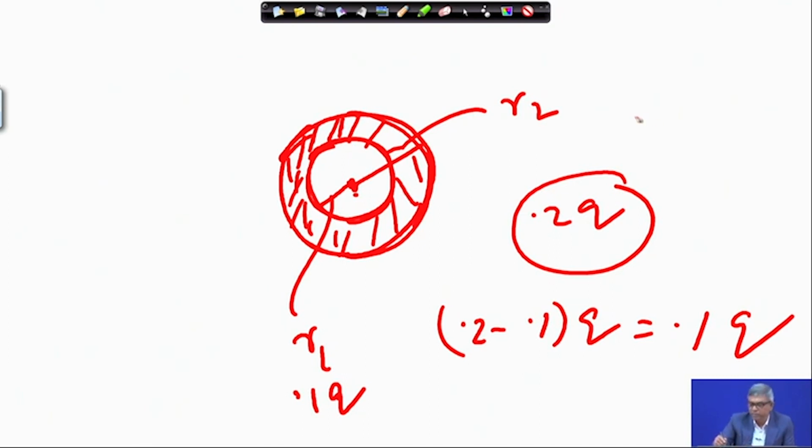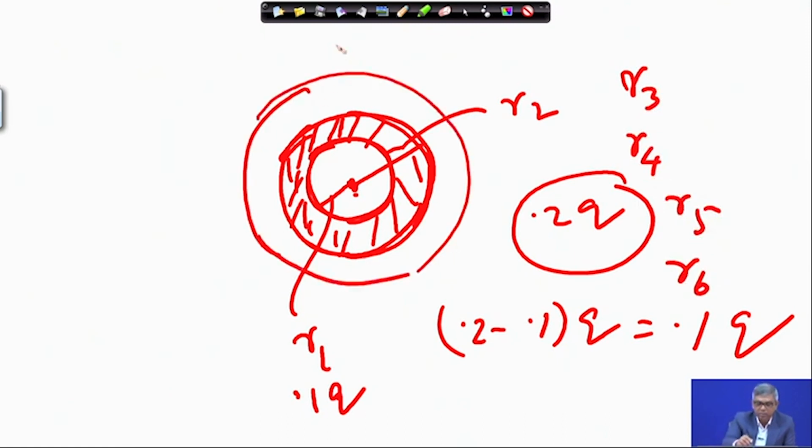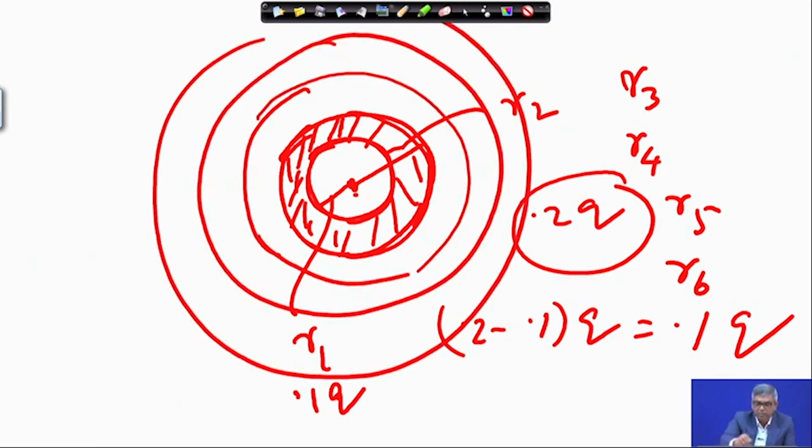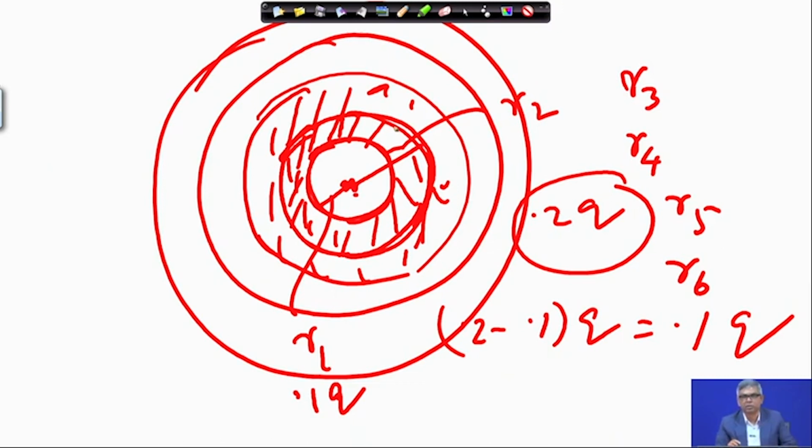Similarly, keeping z the same, I will draw r3, r4, r5, r6, different circles with different radii. Whatever the radius, if the depth is constant, the effect of each annular area at the same depth will be constant, that is 0.1 q. So, that is the idea that will be used for drawing the chart.